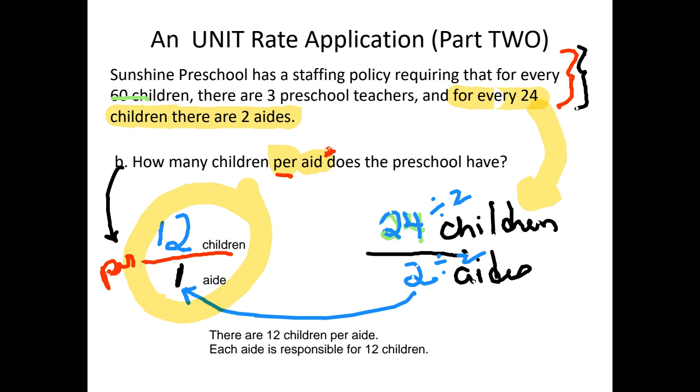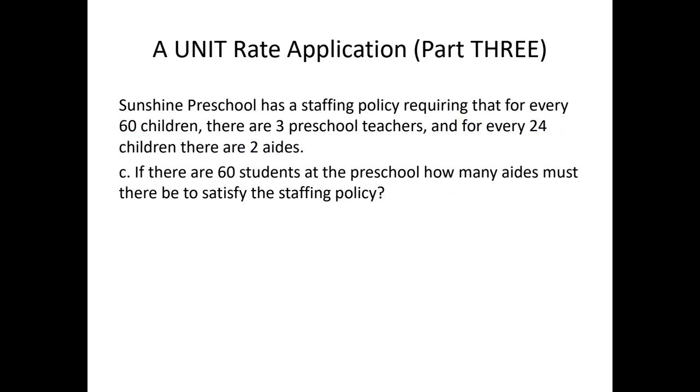Now, here comes the next part. This is where human resources comes into play. If there are 60 students at the preschool, how many aides must there be to satisfy the staffing policy?